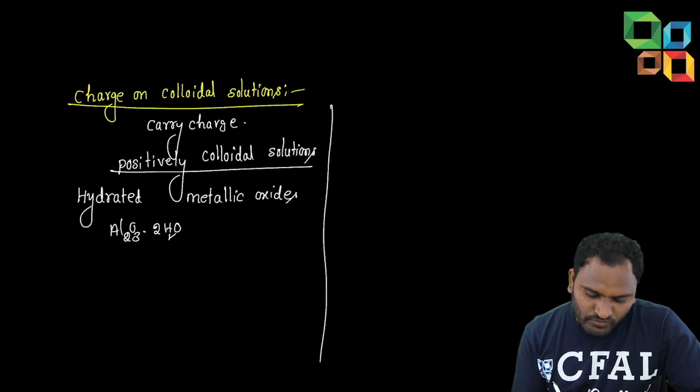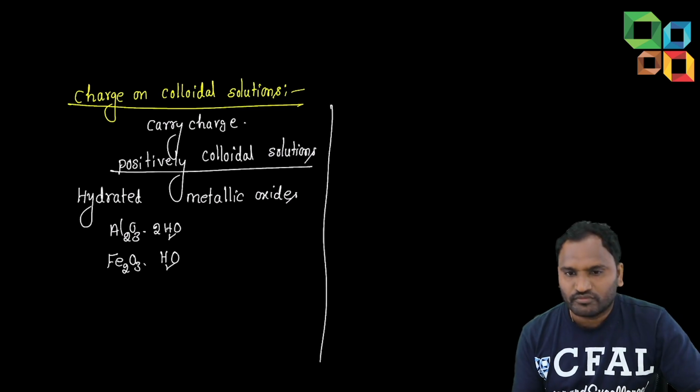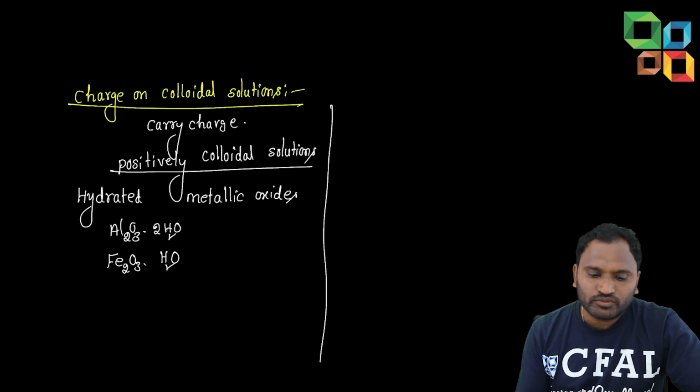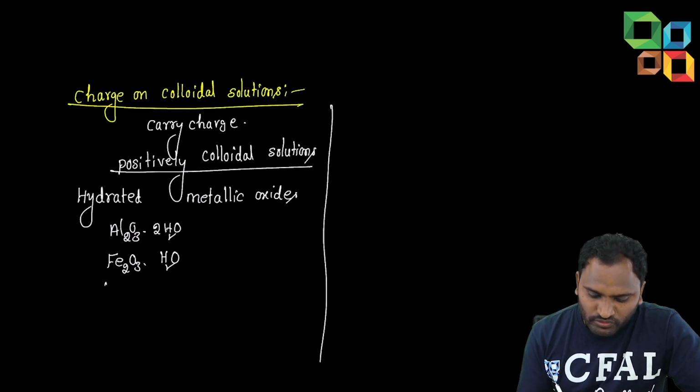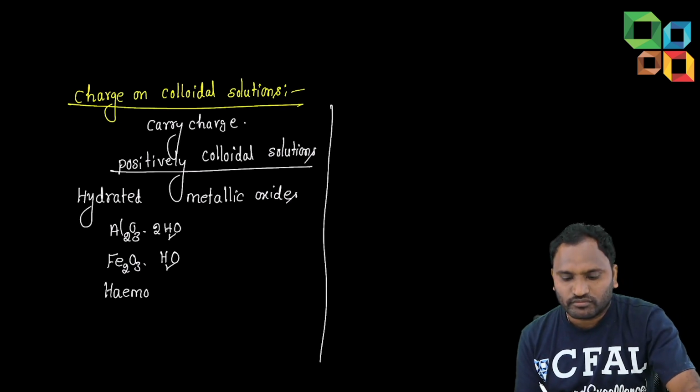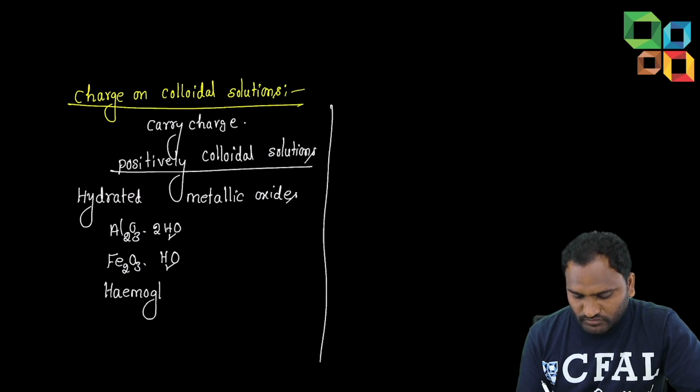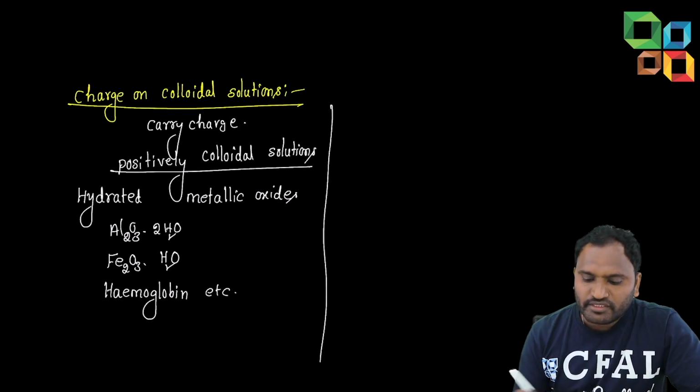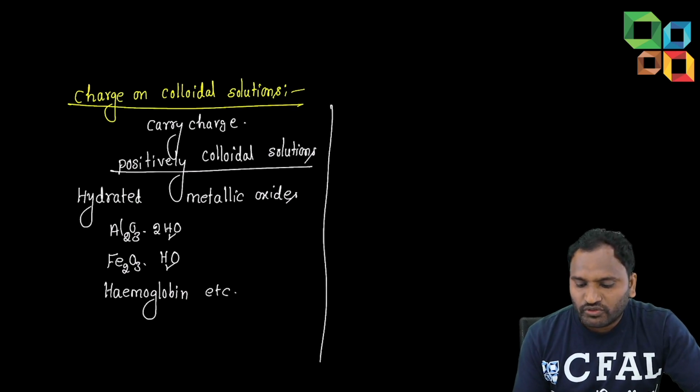Next, iron oxide also, Fe2O3·H2O. Next one, hemoglobin. Hemoglobin, etc., are examples of positively charged colloidal solutions.